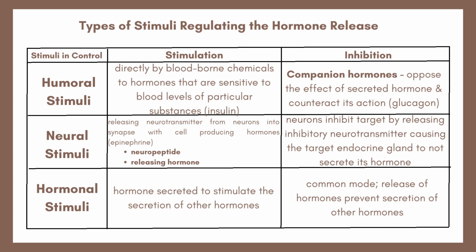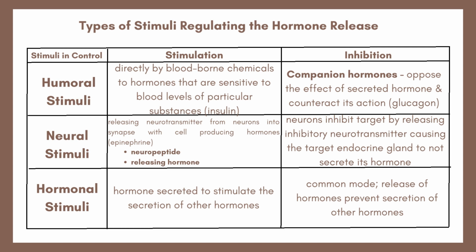Let's talk about humoral stimuli first. The term humoral is derived from the term humor, which refers to bodily fluids such as blood. A humoral stimulus refers to the control of hormone release in response to changes in extracellular fluids, such as blood or the ion concentration in the blood.